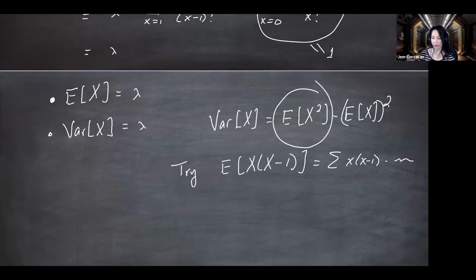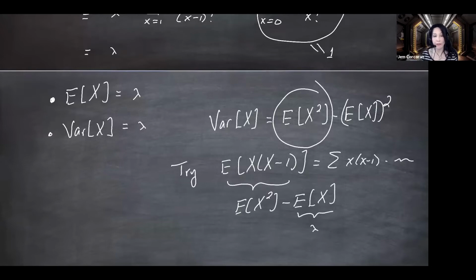Then you can use the fact that this is the expected value of x squared minus the expected value of x, and that this is lambda, and you can solve backwards for the expected value of x squared. If you care, this course uses surprisingly little variance. Any questions on anything?